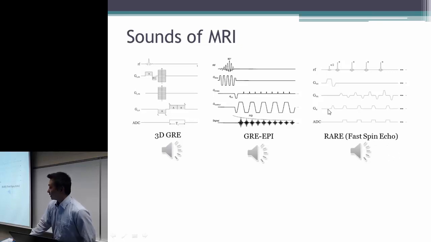Okay, so that's the gradient echo EPI, and the next one is the fast spin echo. Fast spin echo is a slower sequence than the gradient echo EPI, although it is still a multi-echo sequence. For this one, the TR is even longer, and the interval between the echoes is much longer.